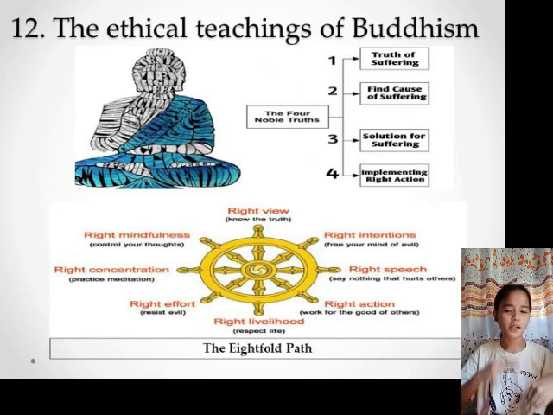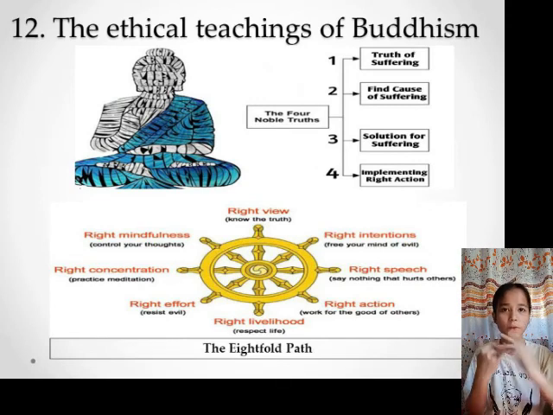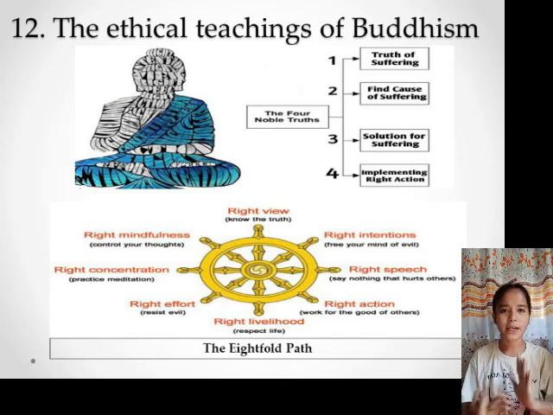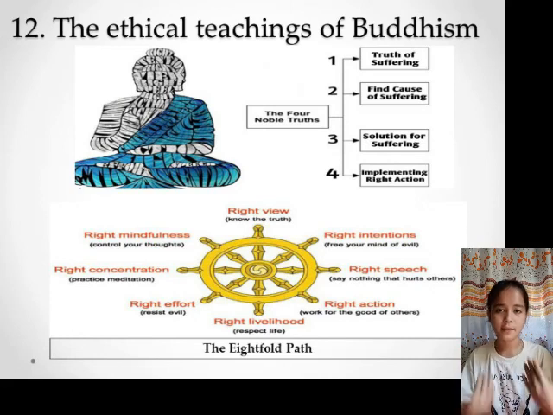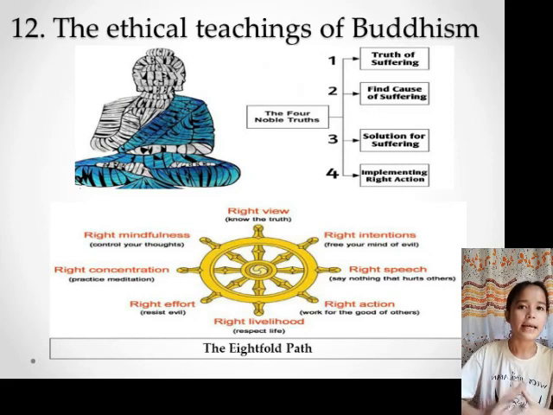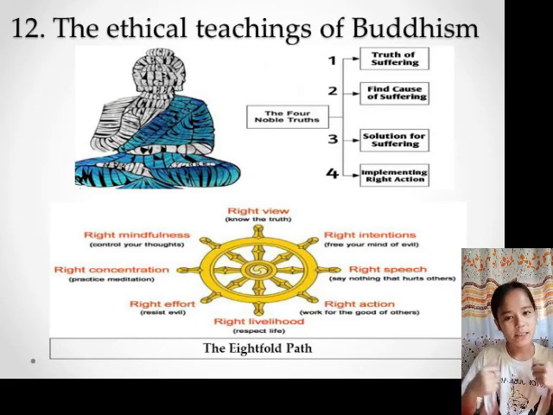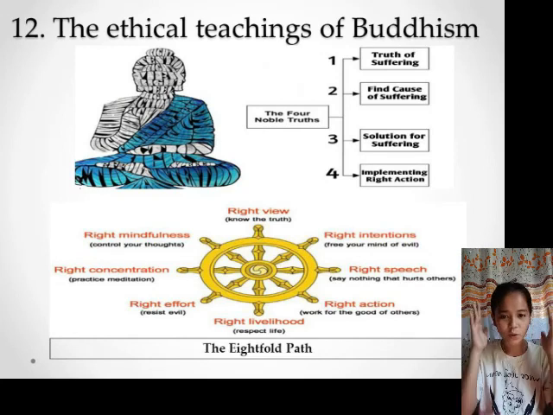And the upper part is the eightfold path: right view, know the truth; right intention, free your mind of evil; right speech, say nothing that hurts others; right action, work for the good of others; right livelihood, respect life; right effort, resist the evil; right concentration, practice meditation; and lastly, right mindfulness, control your thoughts.